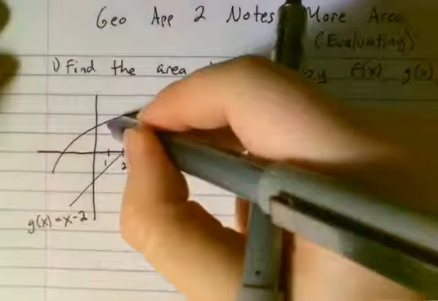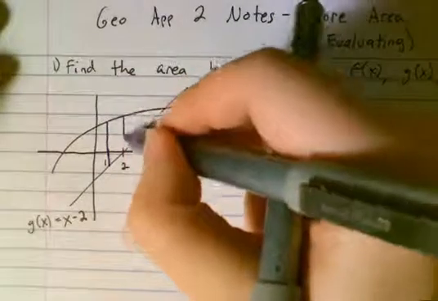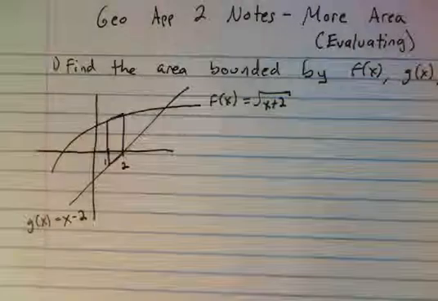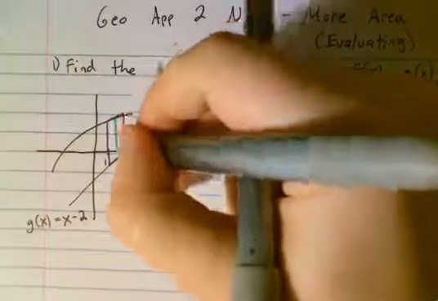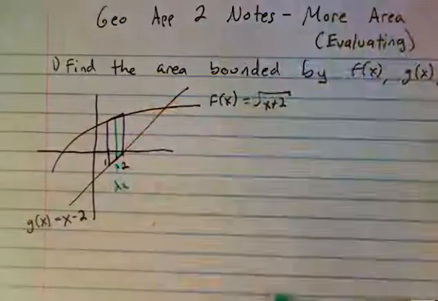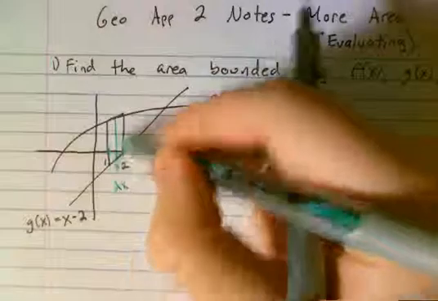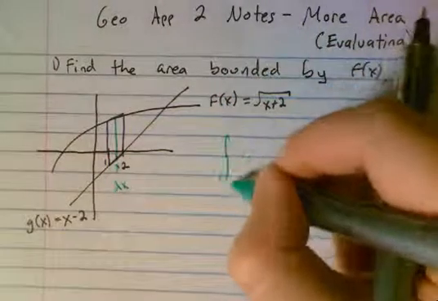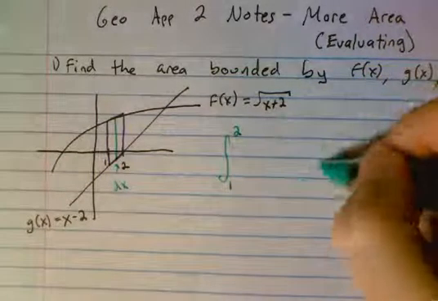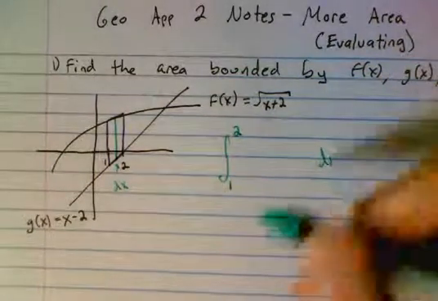So, just like we were doing in the previous lesson, we want to go and mark that area. We want to sketch our representative rectangle, and the width is dx. So we know that we're going to start our rectangles at x equals 1. We're going to end at x equals 2. We have a width of dx.